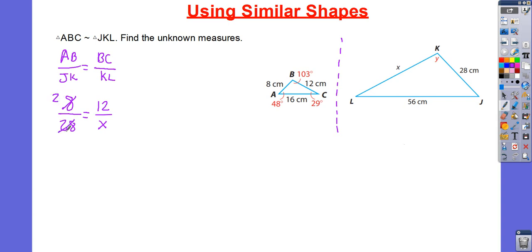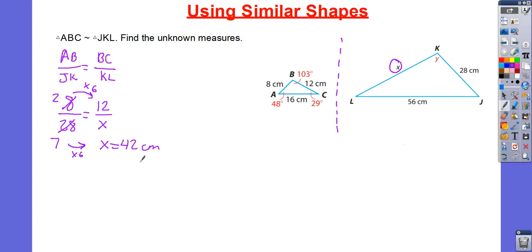How many times does 4 go into 28? 7 times. So 2 times what number is going to be equal to 12? 2 times 6. So 7 times 6 is going to get me my answer. X is going to be equal to 42 centimeters. So this X right here is equal to 42 centimeters.